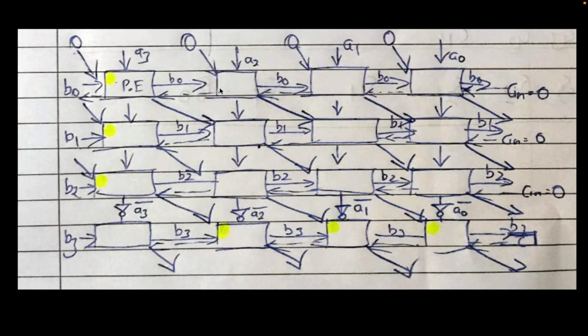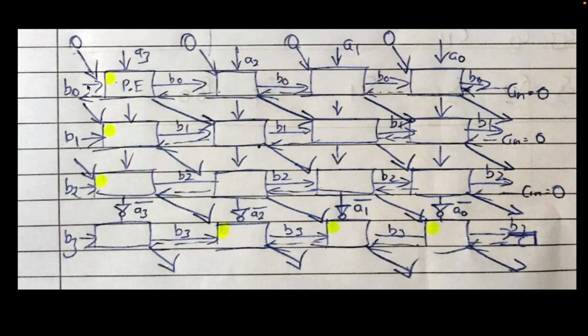Now that you have seen, we'll see how the architecture is actually. So here you can see that a naught will go for all the processing engines as input. Only for the last bit will give a negation, that is a naught bar. Same way for all these rows also, these columns. And now we'll give inputs b naught, b1, b2, b3.